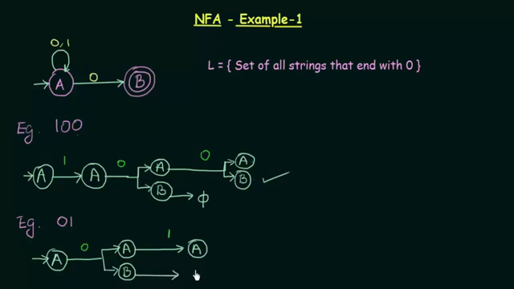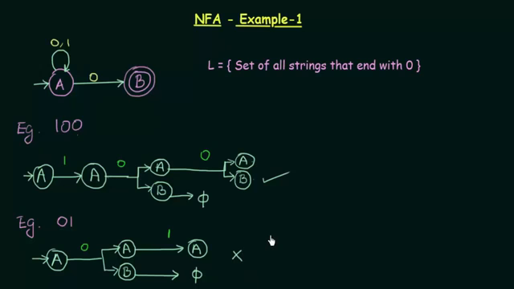So B goes to phi. Now I have reached the end of the string, and at the end, what is my position? I am in state A and phi. And is state A the accepting state or final state? No, it is not. And phi is also not the accepting state. So this string will not be accepted, right?